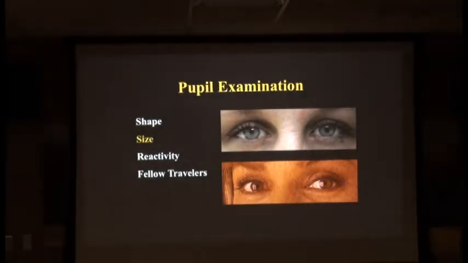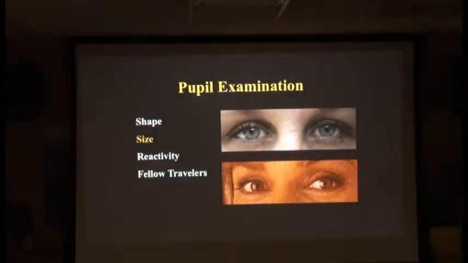The size is important, but that doesn't mean I whip out that near card with a little pupil gauge, 3 millimeters, 4 millimeters. If you say they're 3 millimeters and I say they're 4 millimeters, I don't care. If you say they're 2 and I say 8, no, that's a problem. But as long as you're close. But that only goes for the absolute size of the pupils. If you say they're both 3, and I say one's 3 and one's 3.5, that's a problem.